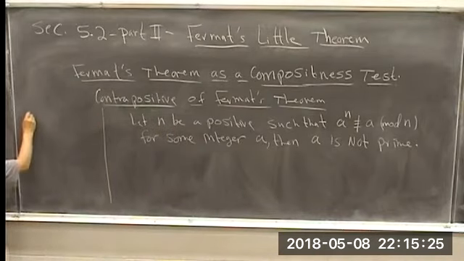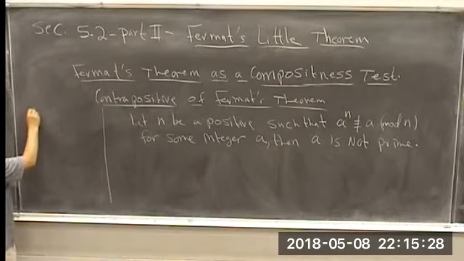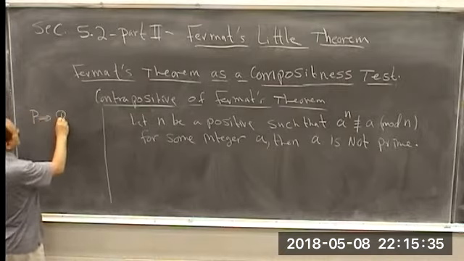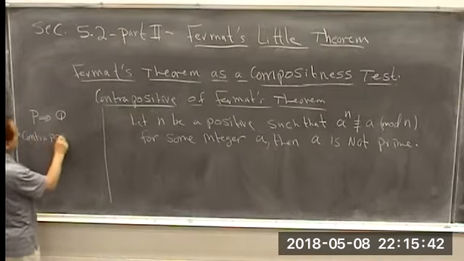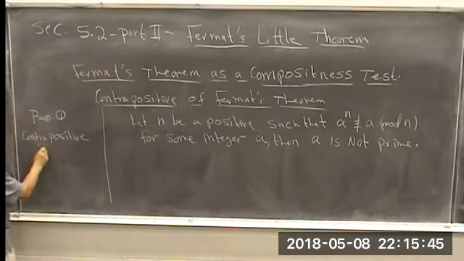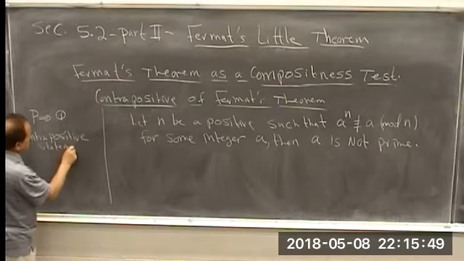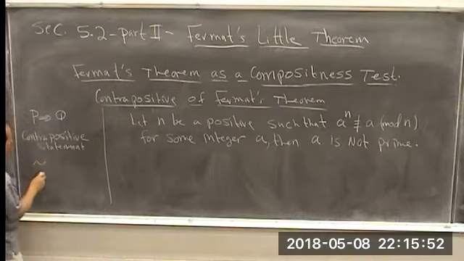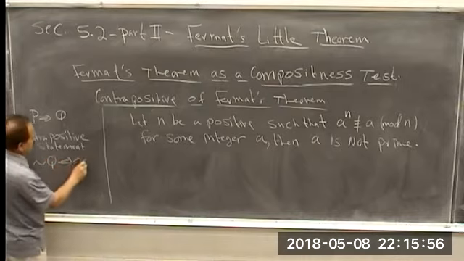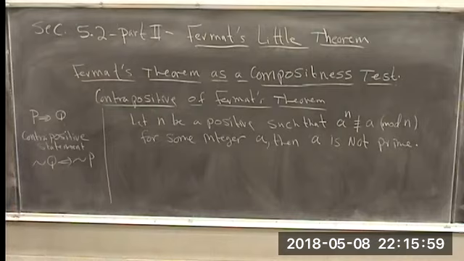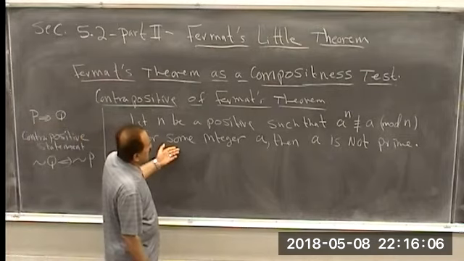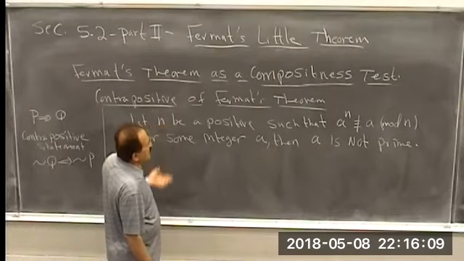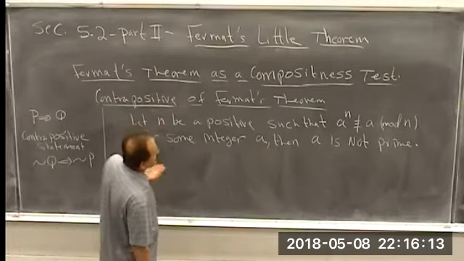If I have a theorem, a proposition of this form, a statement P implies a statement Q, the contrapositive statement goes like this: the negation of Q implies the negation of P. So in Fermat's theorem, for every integer a, when p is a prime, then we have a to the p is congruent to a mod p.